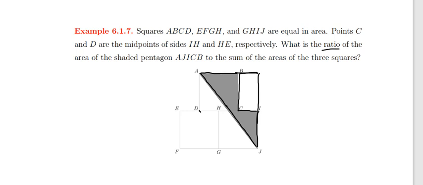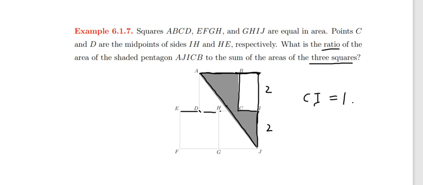Since we are talking about a ratio, we can assume CI equals 1 and AD equals 2. From A to here is 3.